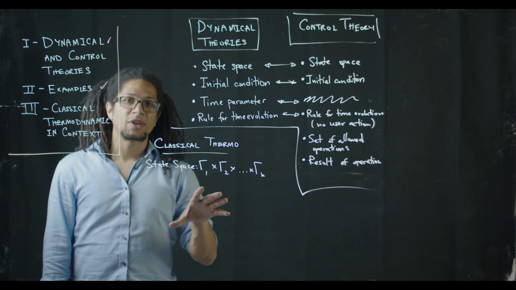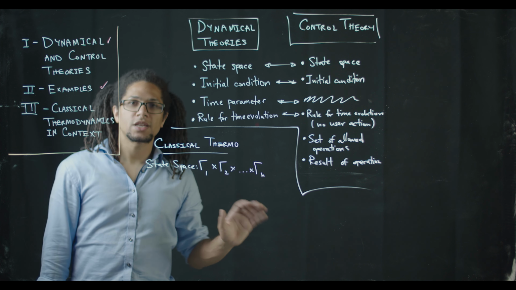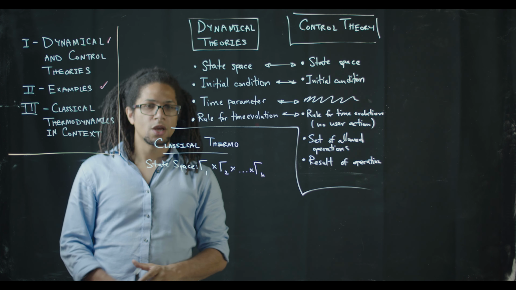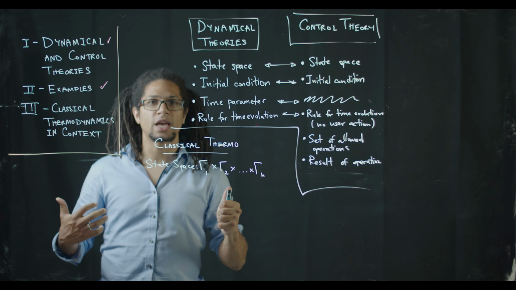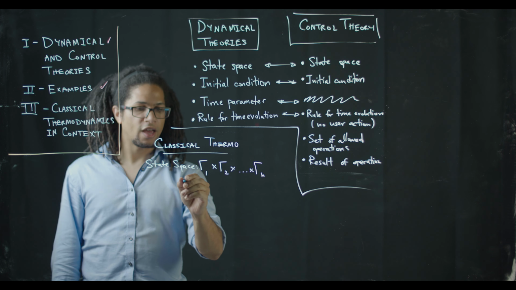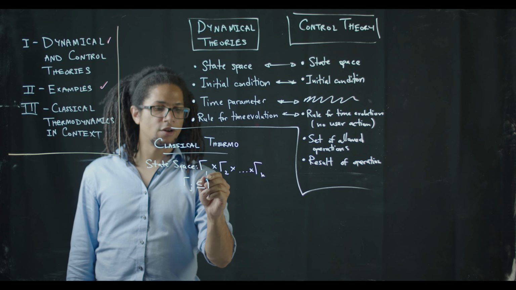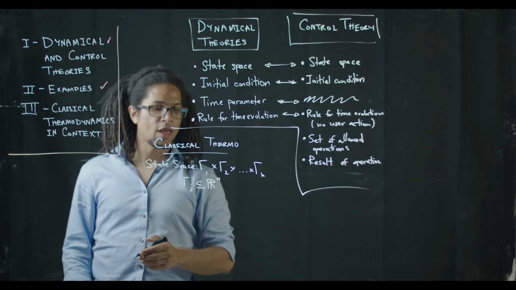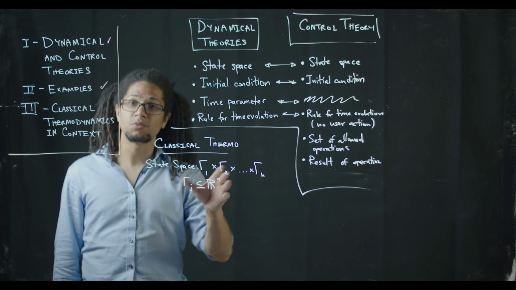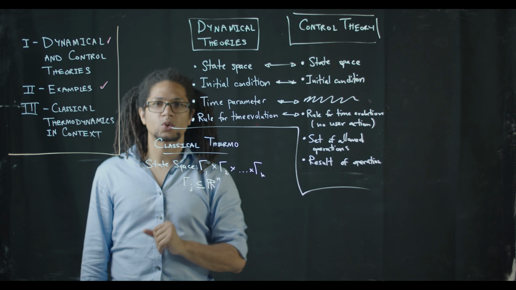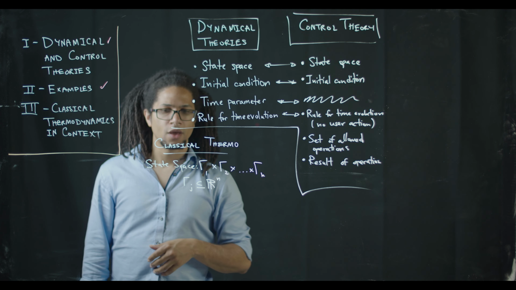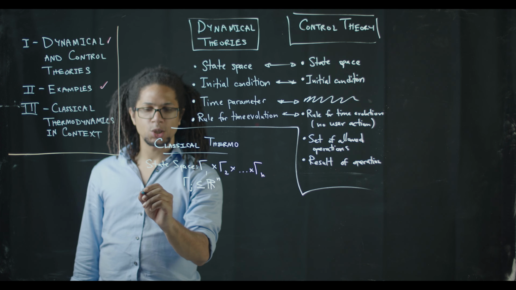Now, what is the state space of each of these? Well, we'll get into that a little bit later in future lectures, but it's just going to be some subset of R^n. So what I'll say is that gamma j is just a subset of R^n. And it's important to note that n can actually be different for the different j's, but let's just write R^n for now. Now, what is the initial condition?